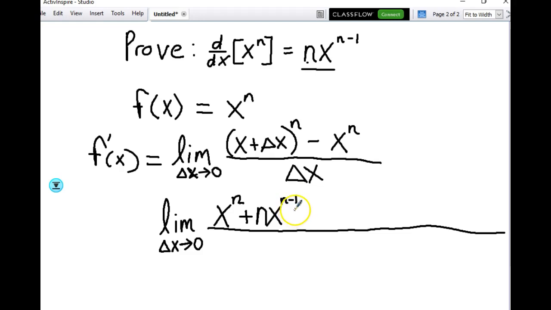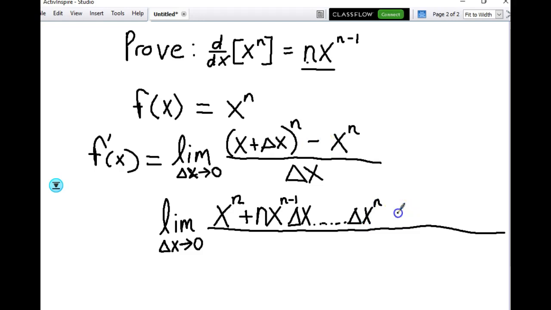And then we are going to have 1 delta x here after that. Just like, remember, this is kind of like our a, and this is like our b in this case. And then we have a whole bunch of other terms after that. And the last term is going to be delta x to the nth power.